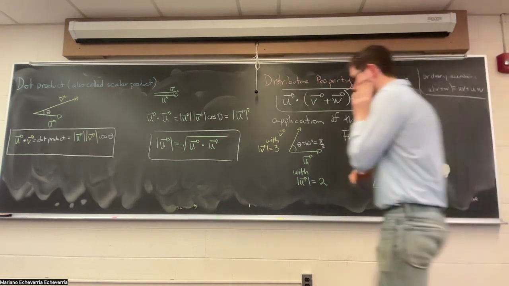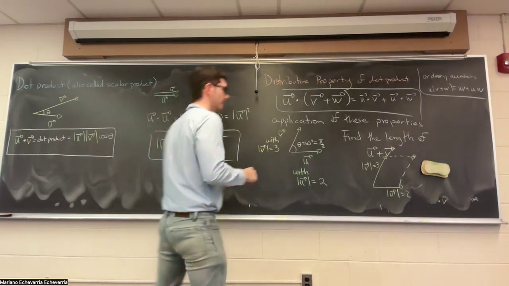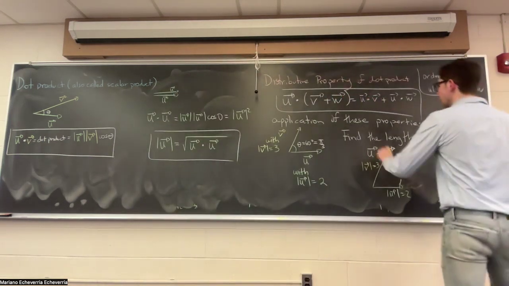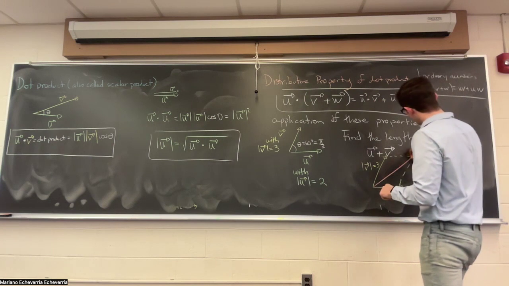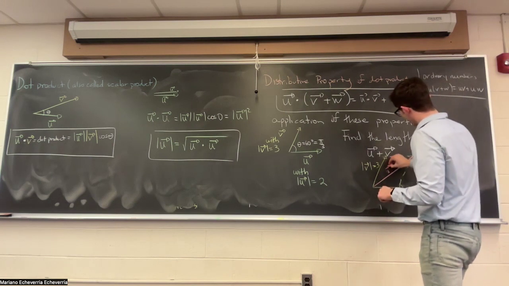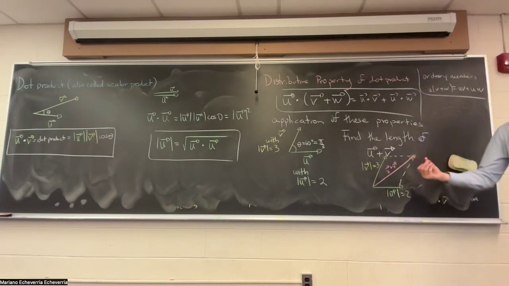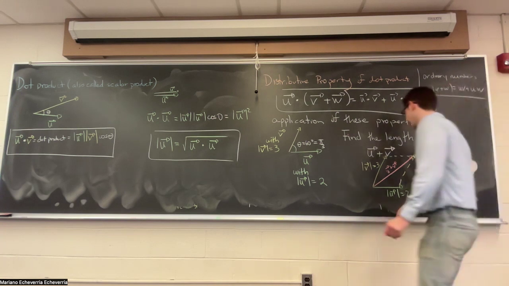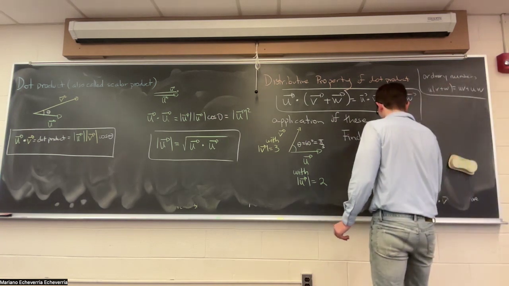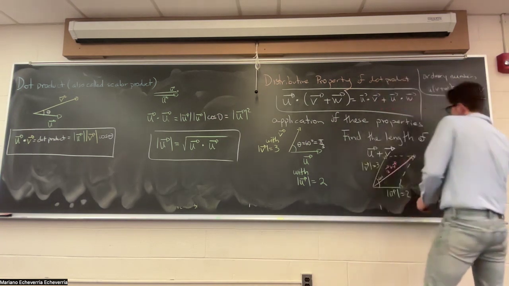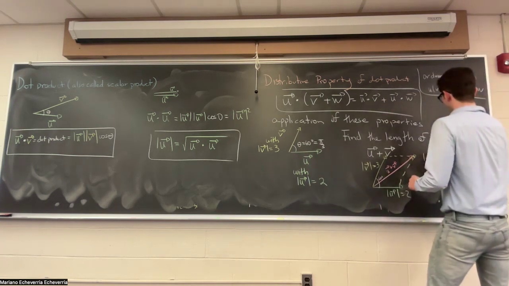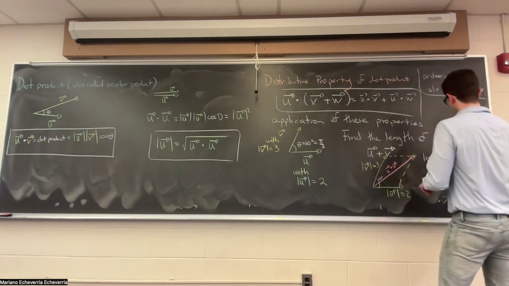And so what this is asking for is the length. U plus v corresponds to this diagonal. So what this problem is asking is: what's the length of the diagonal if you know the lengths of the sides of the parallelogram and the angle between them?